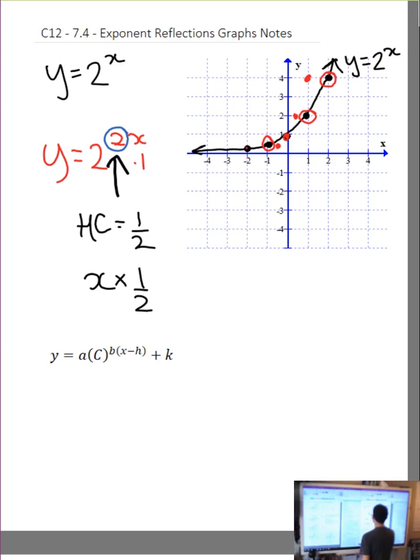Now again, we're plus 0, so we have a horizontal asymptote of 0, and I can graph that function through my points. So we've now seen k up and down, h left and right, a vertical compressions and expansions, and b horizontal compressions or expansions.